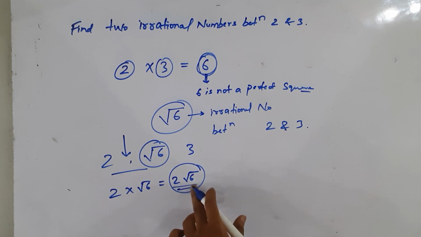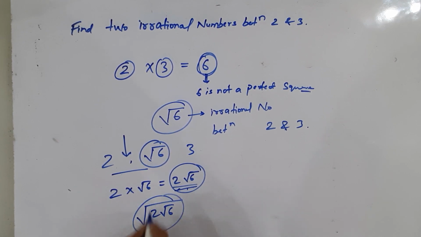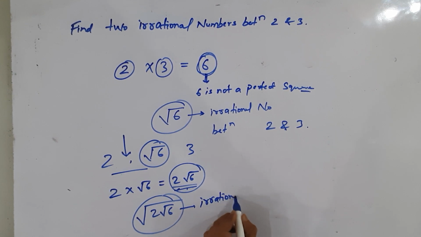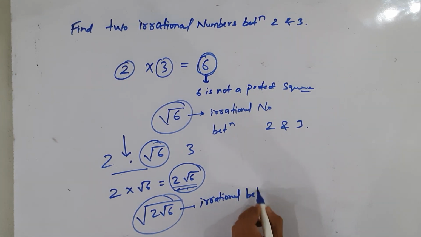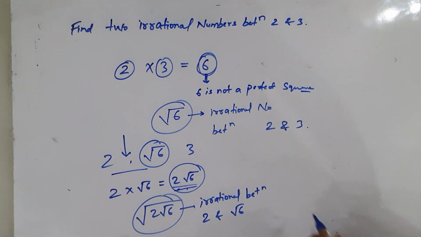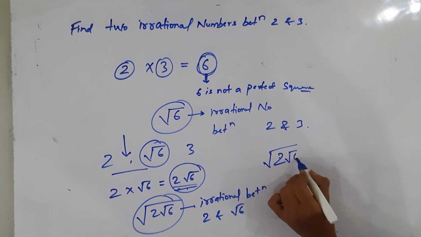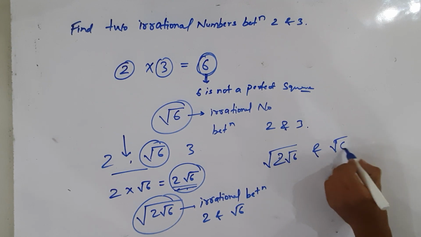Since 2 root 6 is not a perfect square, the square root of this value will again be an irrational number between 2 and root 6. So the two inserted irrational numbers are root of 2 root 6 and root 6.